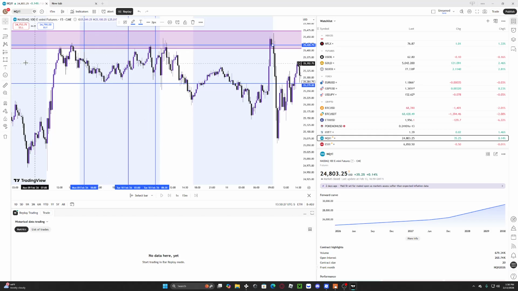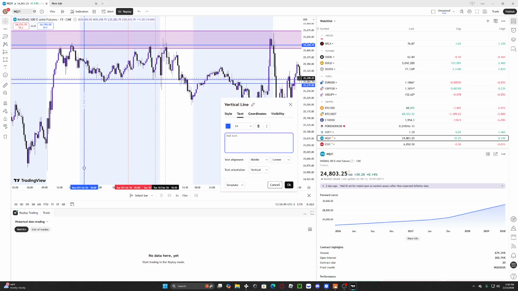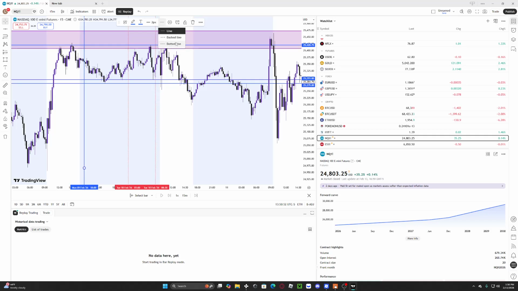We also have these London lows, which I'll mark out. Let me make these a different color just so it's a little easier. I'll make it dotted, red. That one doesn't really matter, but I'll still do it.